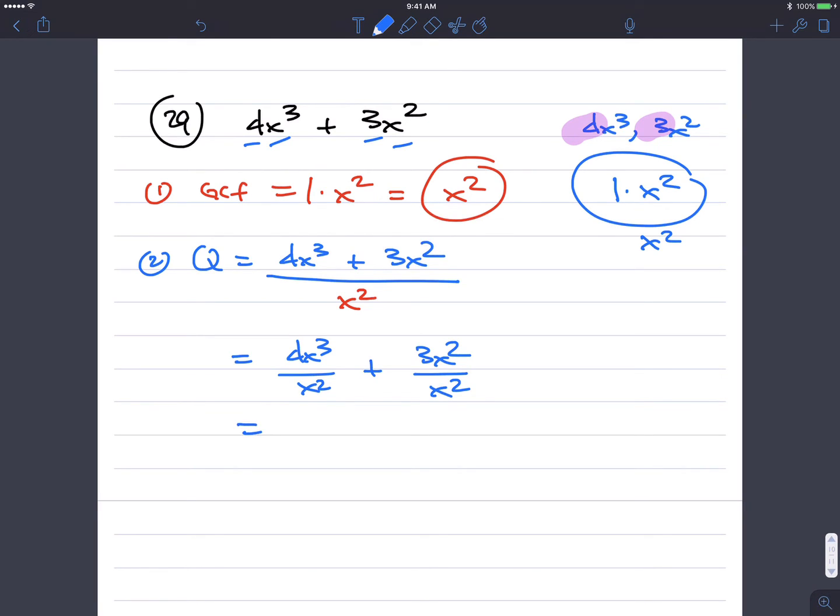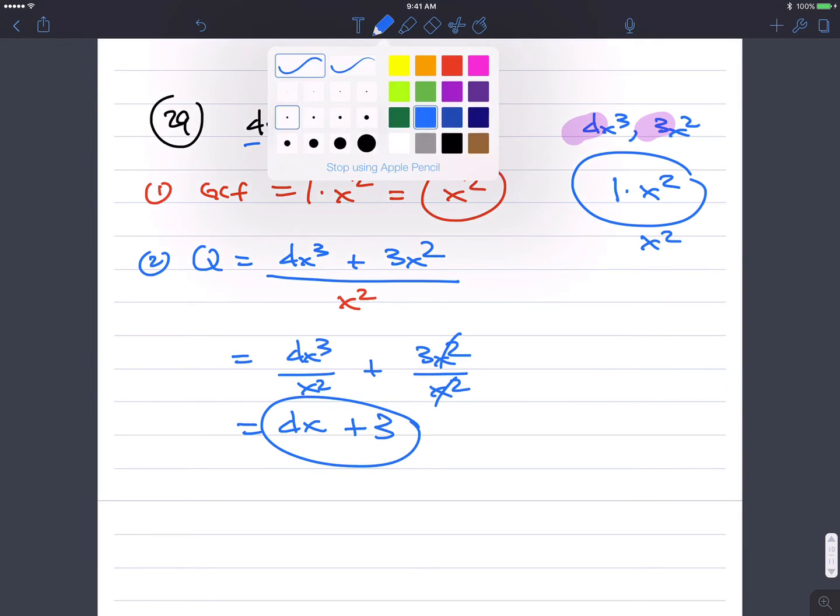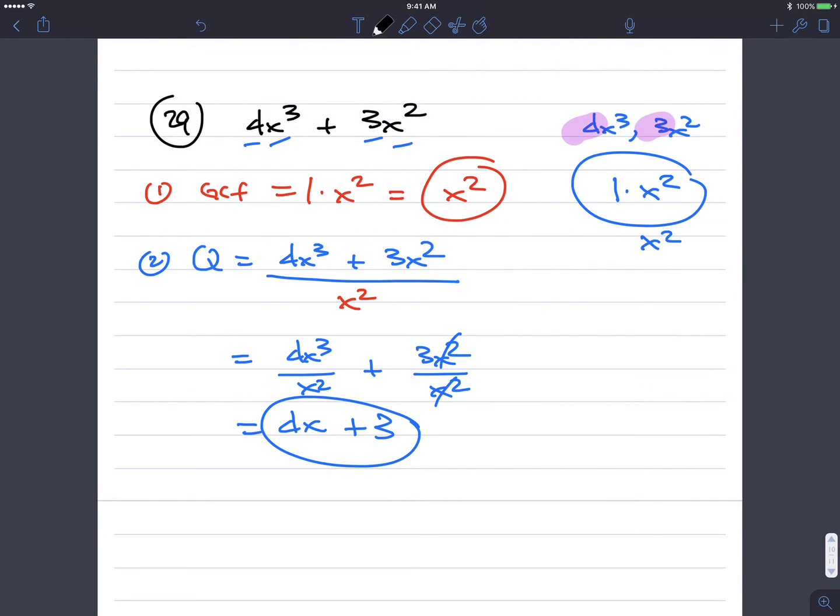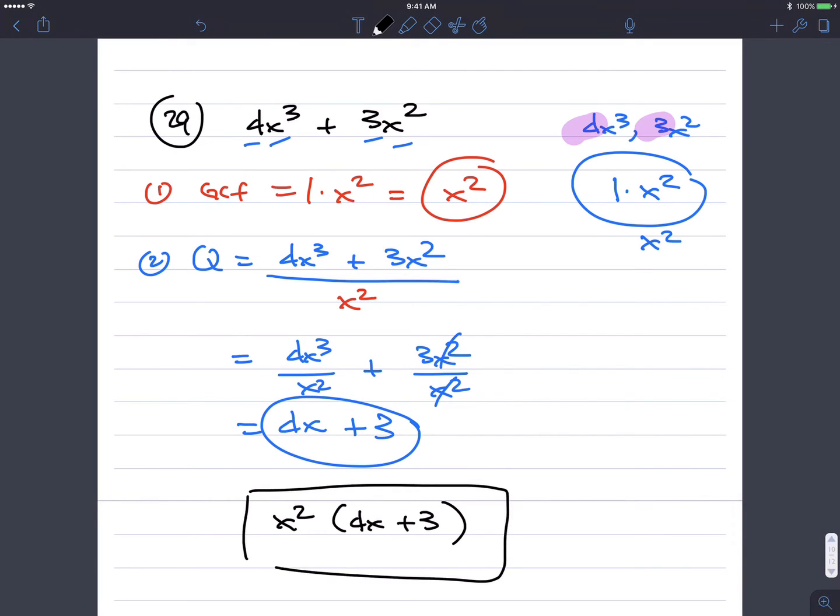Looks like the quotient's going to be 4x plus what number? 3. Good. There we go. So we get x squared times 4x plus 3. And here's my GCF, 29.